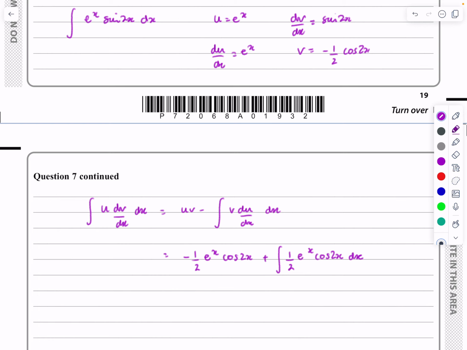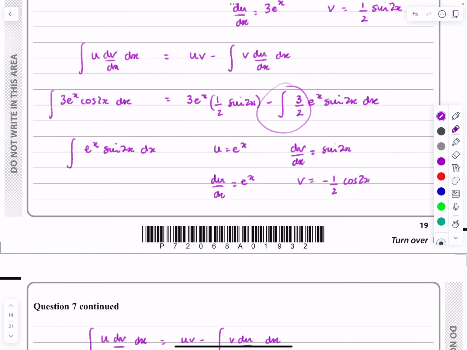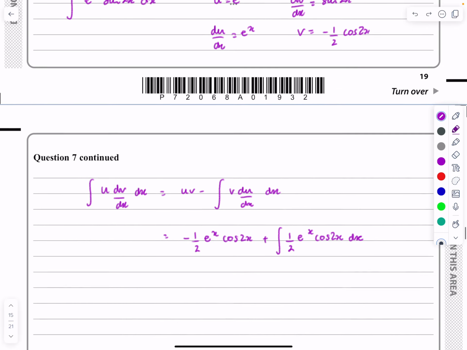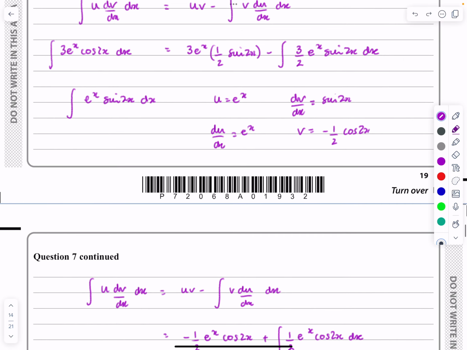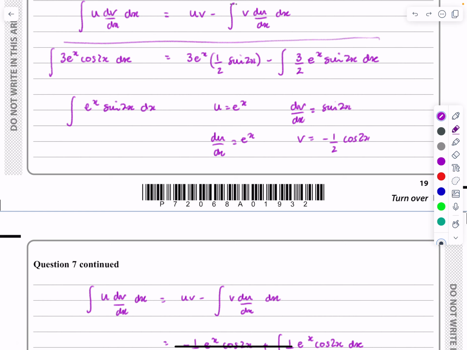Okay, so now when we're doing this, remember all of this needs to be multiplied by -3/2 in there. So what I'm going to do is to write that bit out now again, as carefully as I actually can do when I'm doing it.